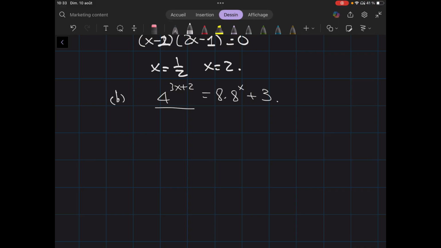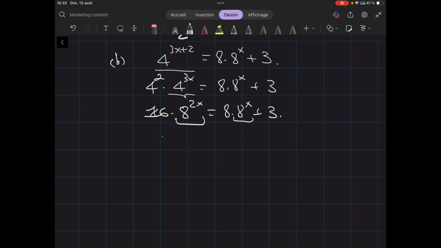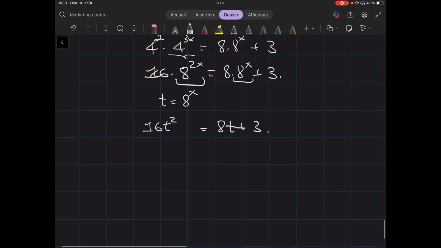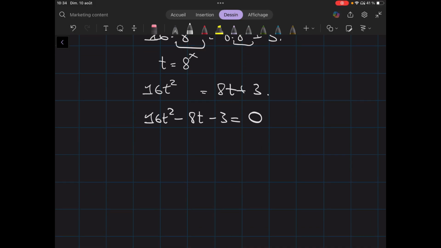This term is equal to 4 squared times 4 to the 3x. 4 to the 3x, that's actually 8 to the 2x. So you may have noticed that we have a hidden quadratic equation here. So if we let t equal 8 to the x, the equation becomes this. Minus 8t minus 3 is equal to 0. This is a good old humble quadratic equation.